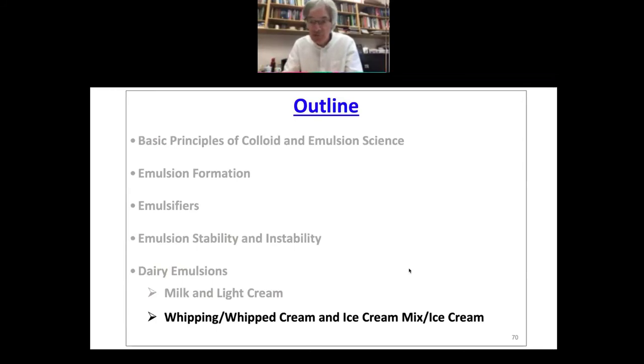Both of these are also foams. We've incorporated air into them by whipping, and the fat plays an incredibly important role at stabilizing the air interface. And so that also builds up for us fat network structure. So both are very complicated systems and great ways of demonstrating all these colloidal principles that I've referred to through the afternoon.